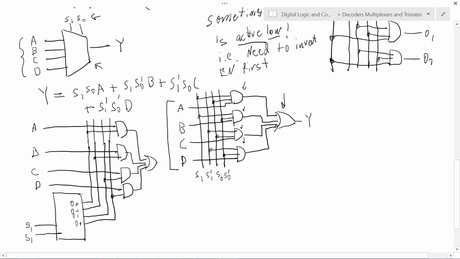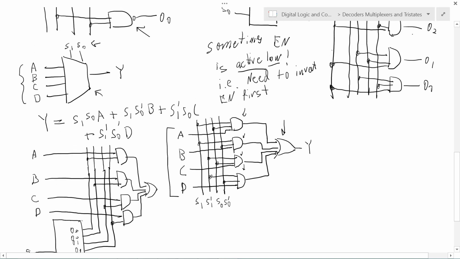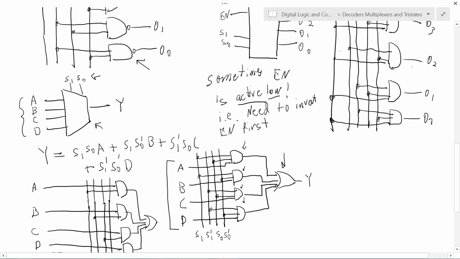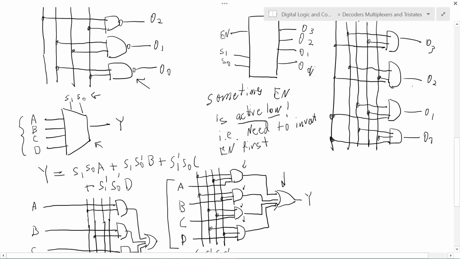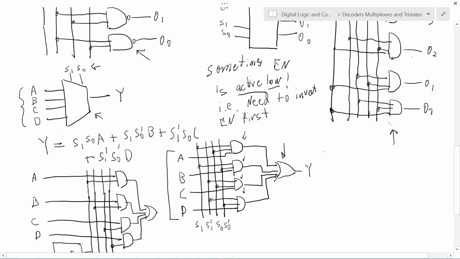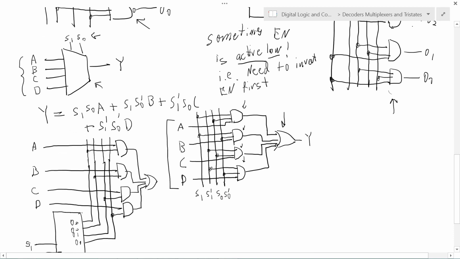And we have our multiplexer. Notice that we basically broke out these 4 AND operations from the multiplexer operation here.